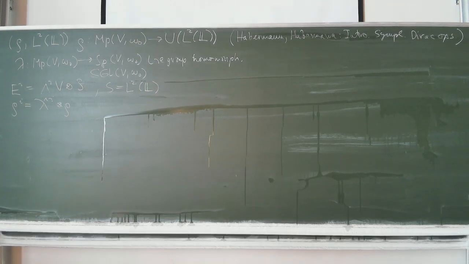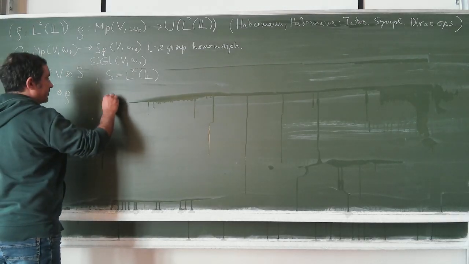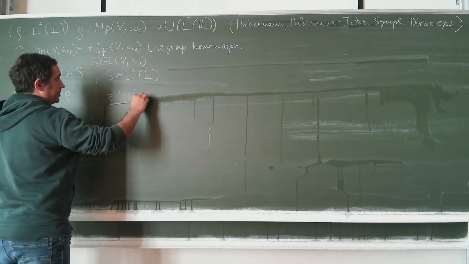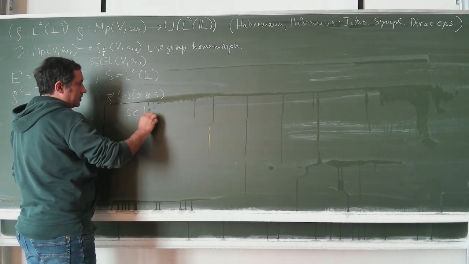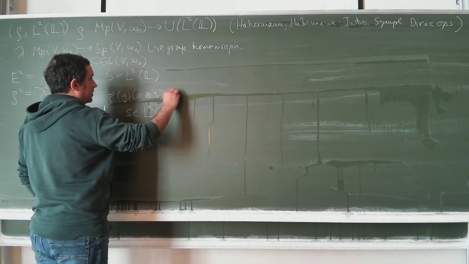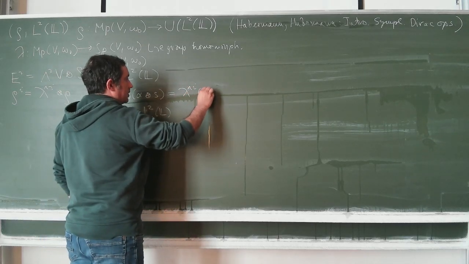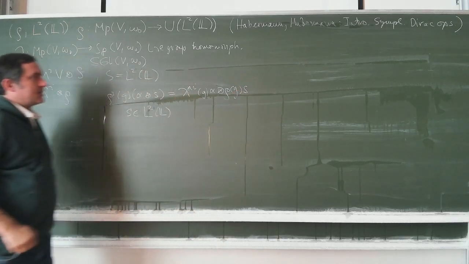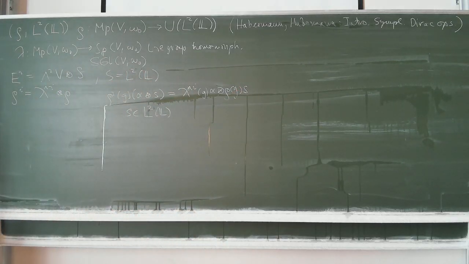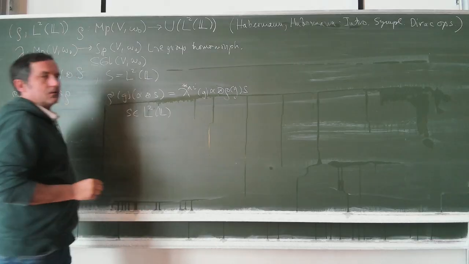So consider this. I will write what it means. This lambda I denotes also the dual to the representation. So to be precise, I will use this.